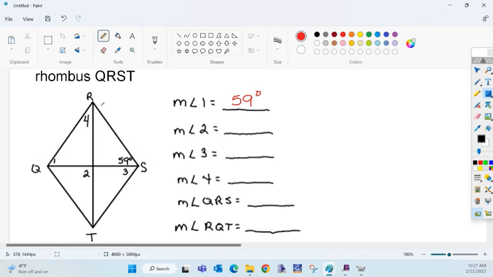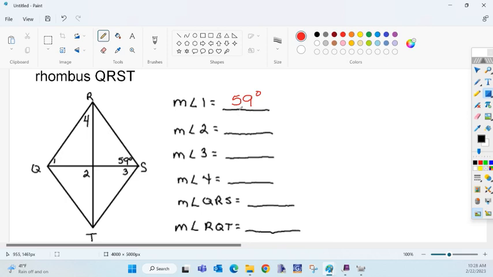If you want to think back to reasons that we had in the past, if we know it's a rhombus, we've got 2 congruent sides here, so the opposite sides of an isosceles triangle, the opposite angles have to also be congruent, so that's another reason why that's true. So angle 1 is 59.